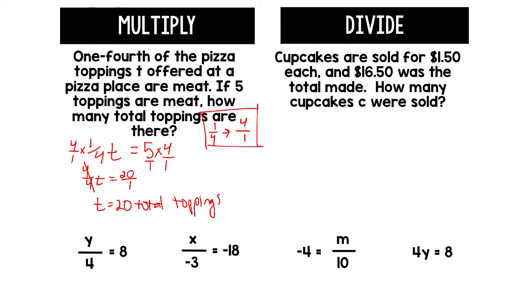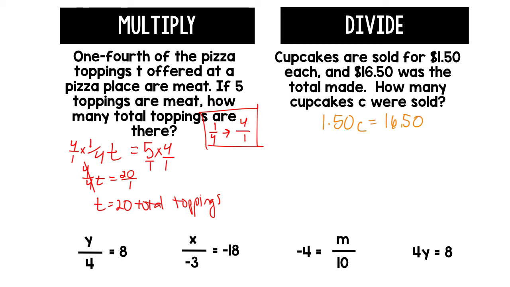Next one, cupcakes are sold for $1.50 each, and $16.50 was the total made. How many cupcakes C were sold? So we write this equation, $1.50 per cupcake. That means we do $1.50 times the number of cupcakes to find out how much money we made. And in this case, we made $16.50. So how many cupcakes? Well, if 1.50 and C are being multiplied together, the opposite of multiply is divide.